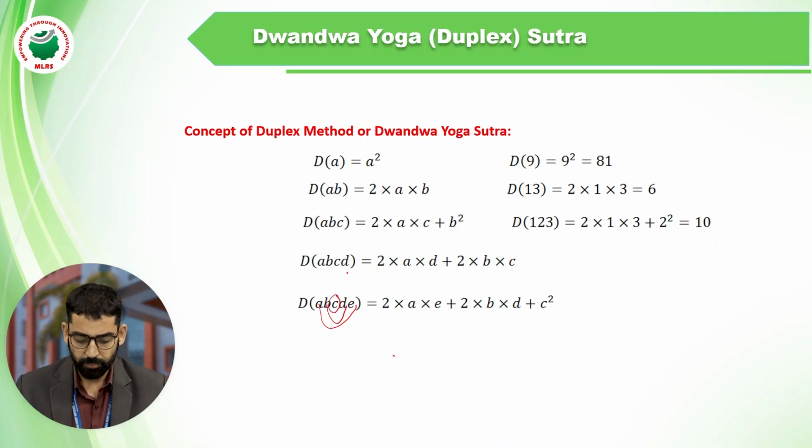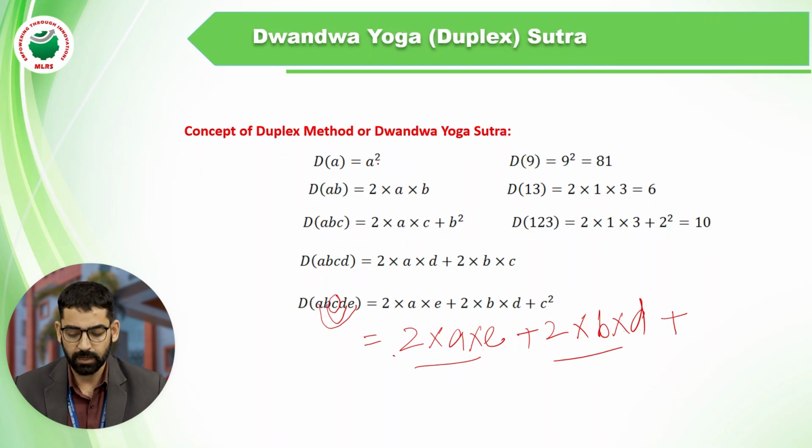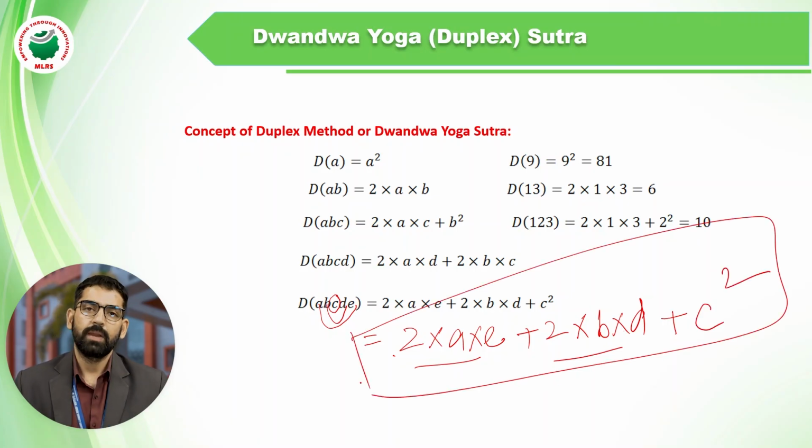So by formula this is 2 into A into E, plus 2 into B into D, then we are left with a single number, and the duplex of a single number is its square, that is C square. This way we can calculate the duplex of a 5-digit number.